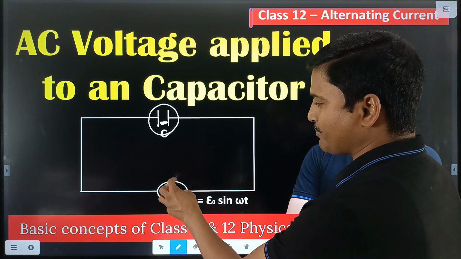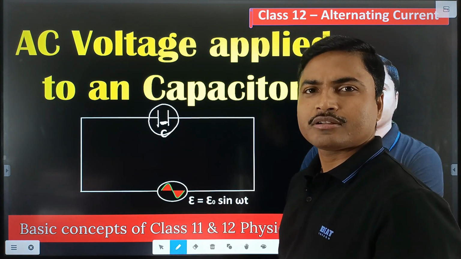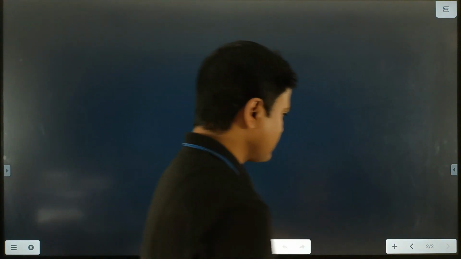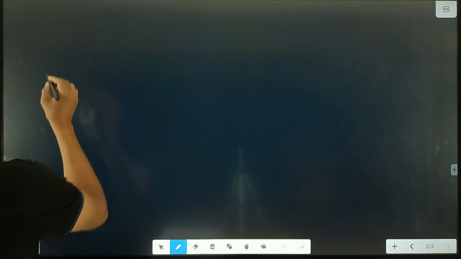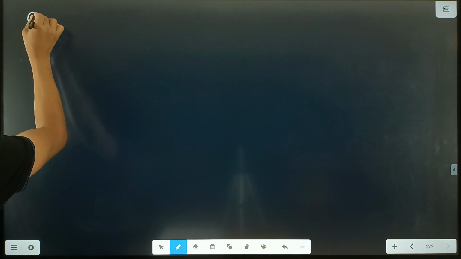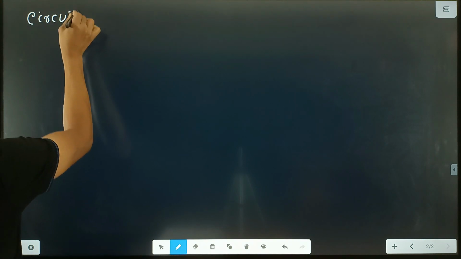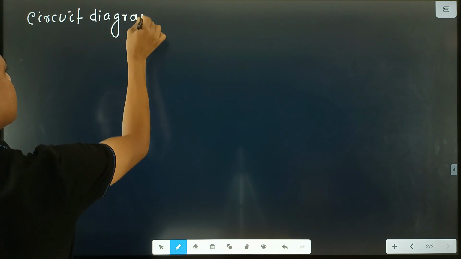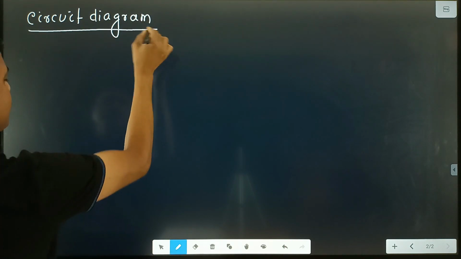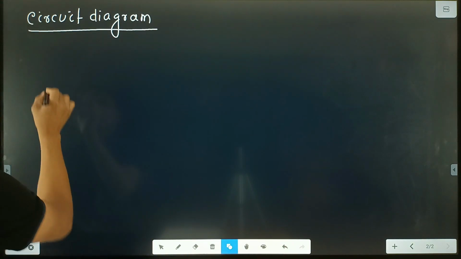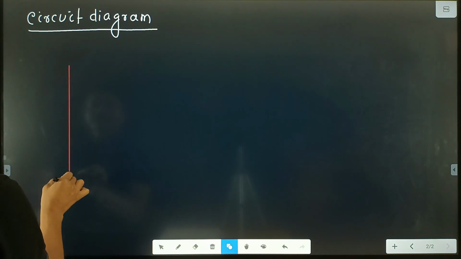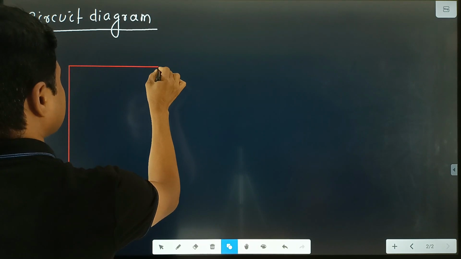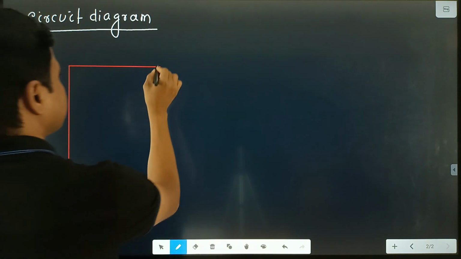When AC voltage is applied to this capacitor, then what happens? Clear? First we draw the circuit diagram. These are the external wires, and here a capacitor is connected.